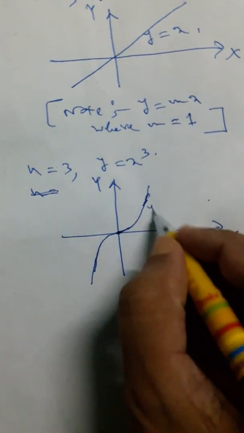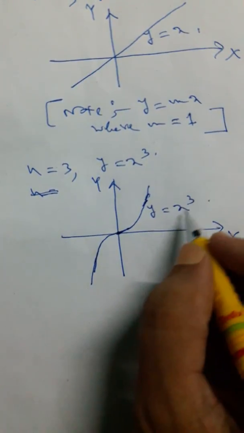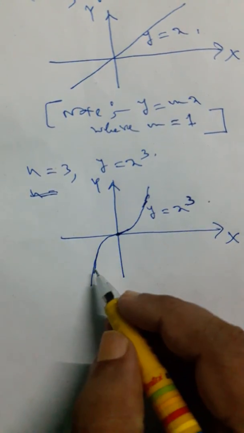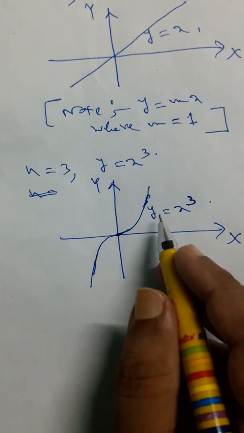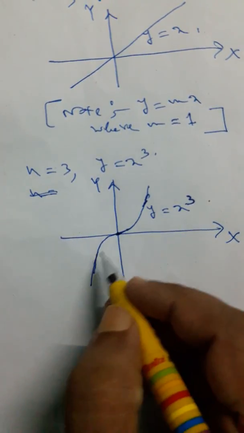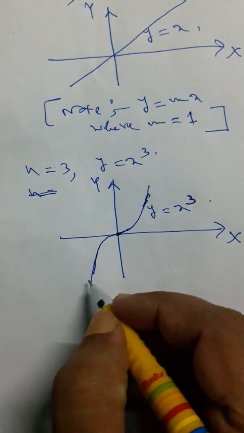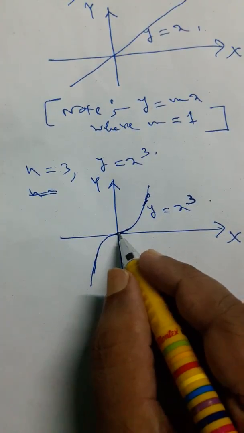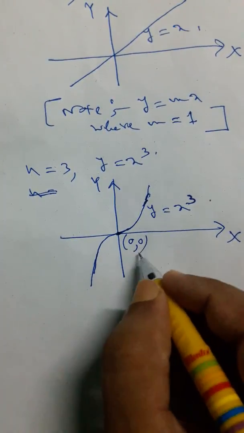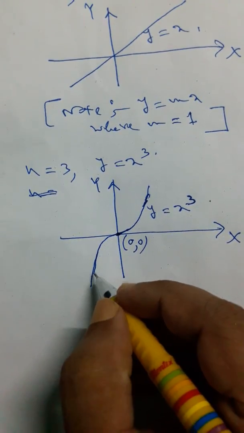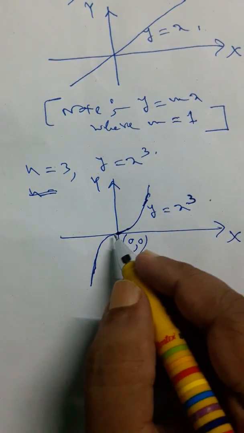So it is the curve of y equals x cube. There are two branches, and all the points lie in the first and third quadrants. No part of the curve is in the second and fourth quadrants. The curve crosses the origin, and there the direction changes.